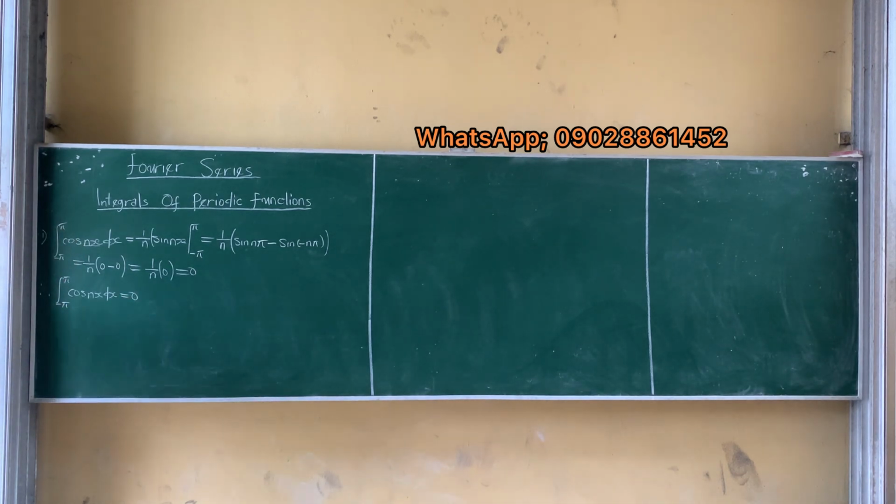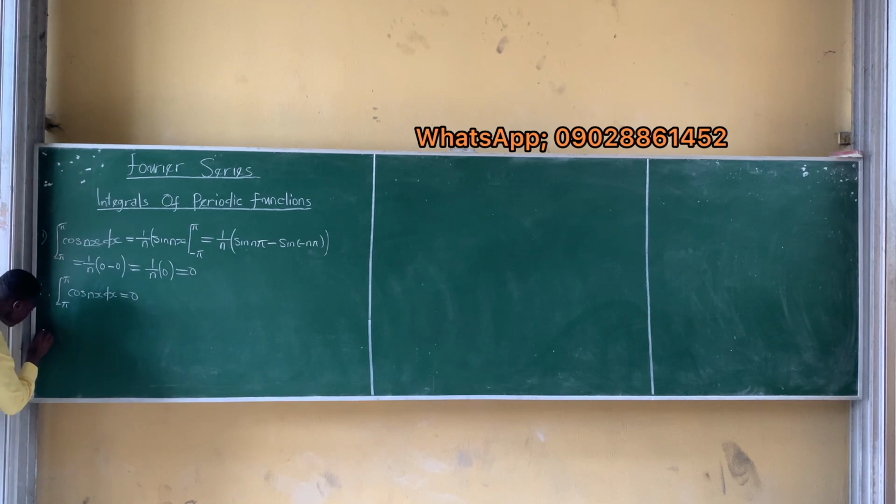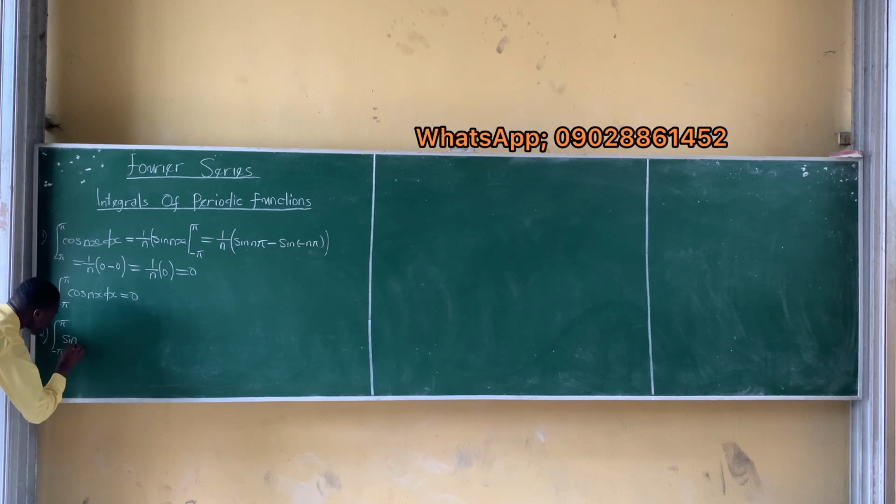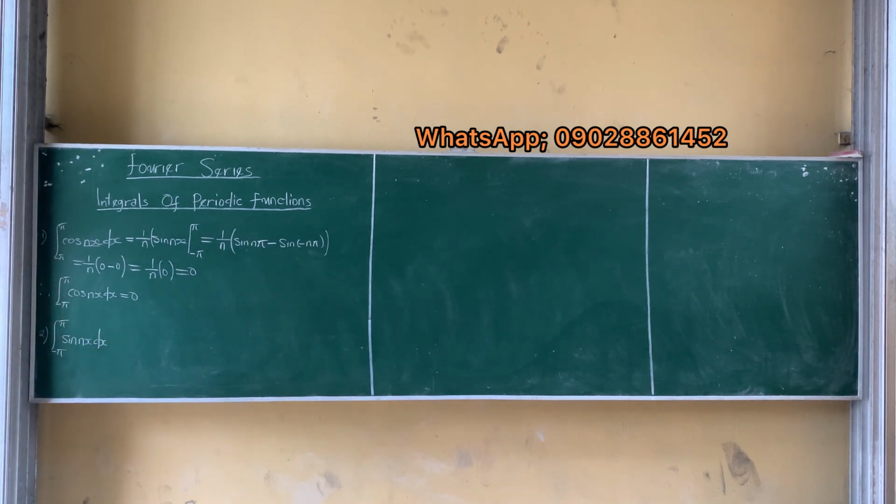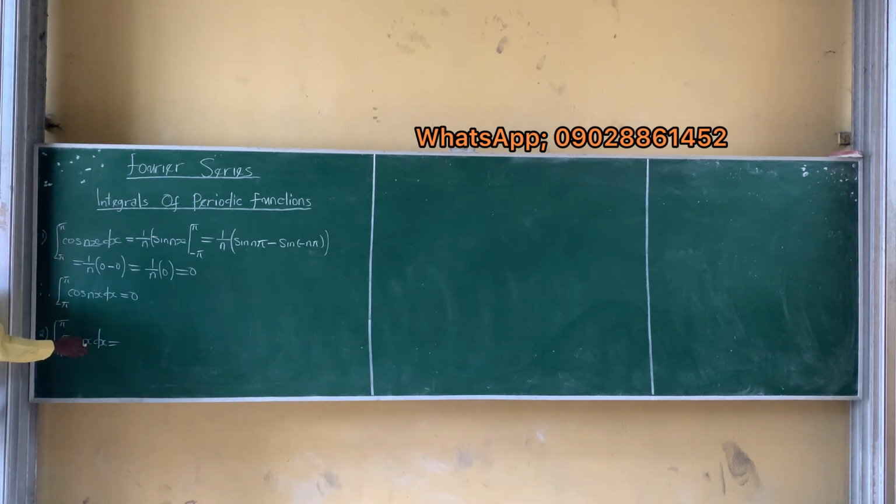So I'd like us to take the second one. The second one is the integral from minus pi to pi of sine nx dx. Following the same process, you first of all differentiate the angle.